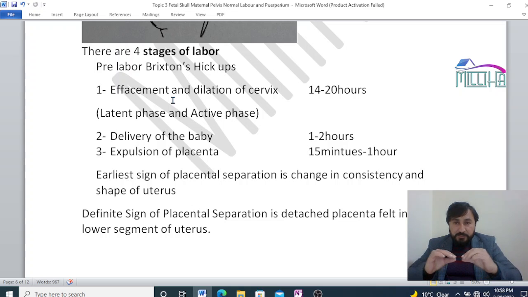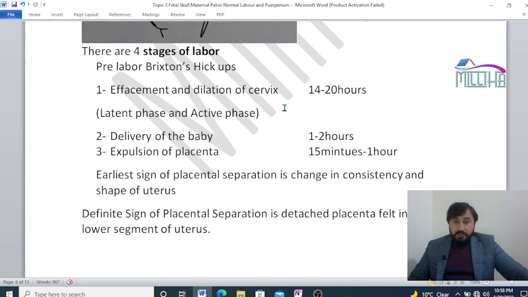The cervix becomes thinner, and dilation means the cervix opens. This stage has two phases, latent phase and active phase. It takes about 14 to 20 hours depending on primigravida or multigravida. That means whether the woman is bearing a child for the first time, or has already borne a child.